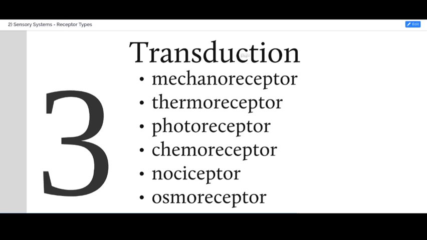Each of these types is based on a name constructed for the type of stimulus and the receptor cell that does that. For example, a mechanoreceptor is going to be a receptor that is sensitive to mechanical stimuli. I've already mentioned a couple of times stretch receptors, like in distension of the stomach or the bladder. Those are mechanoreceptors.